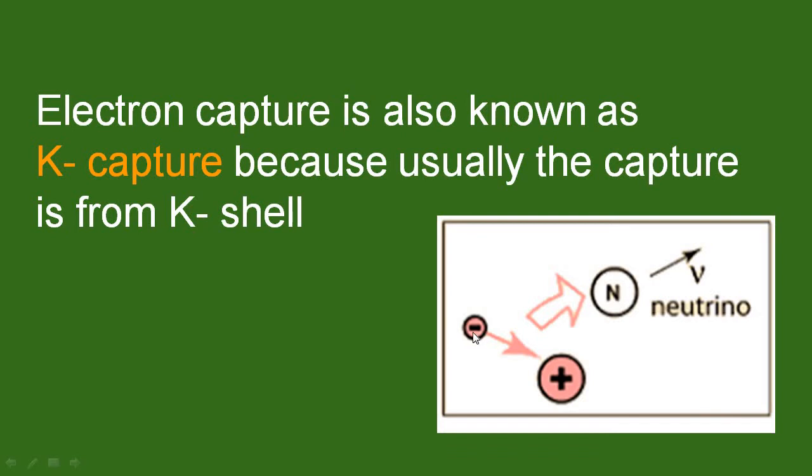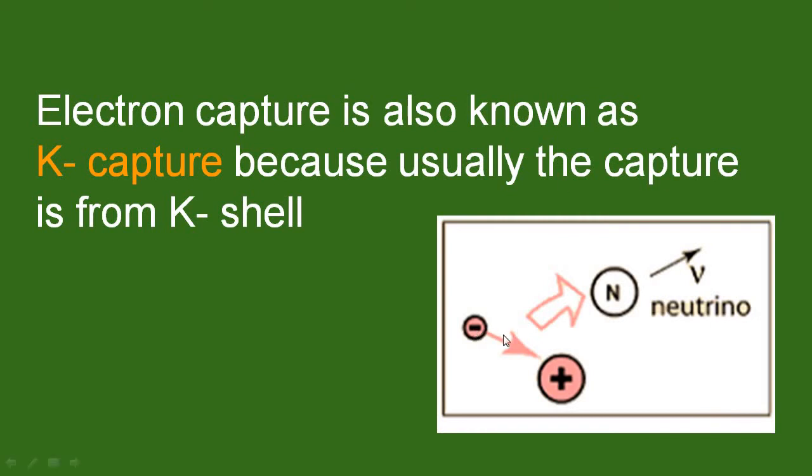You can see an electron from the shell, and normally the K shell is the nearest shell to the nucleus. So most commonly the electron is captured from the K shell. That is why this electron capture is also known as K capture.